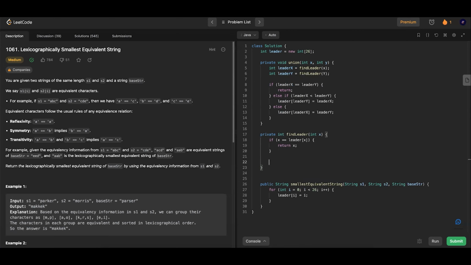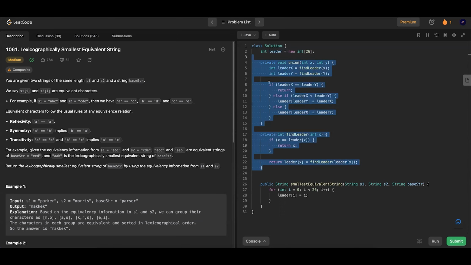Else we return find leader of leader of x. So we find the leader of x's leader. If you know path compression in union find, we make leader of x equal to find leader to compress the path. Now we have implemented union and find operations.